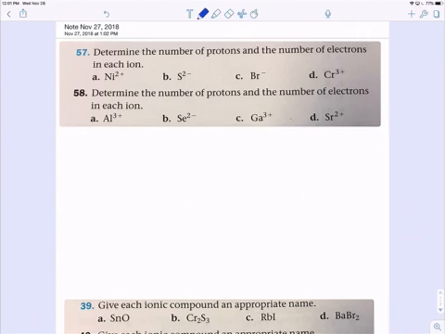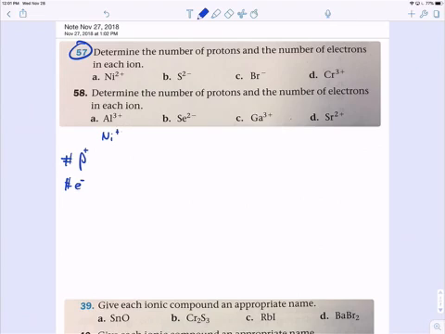Okay, so determine the number of protons and electrons of each atom or ion. So, let's see here. Number of protons, number of electrons.